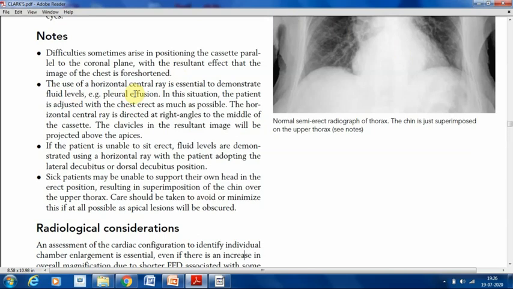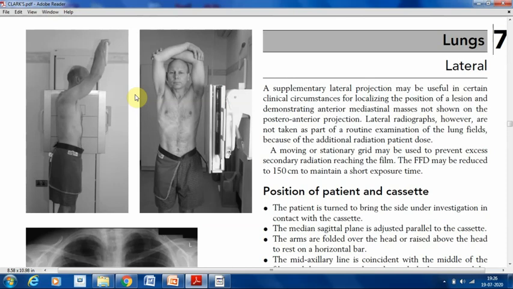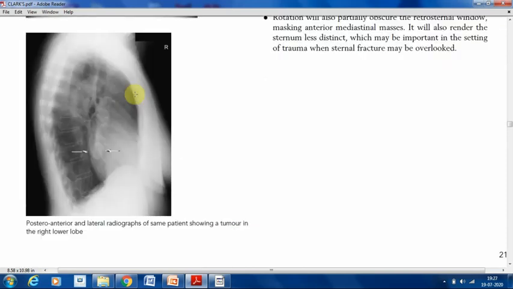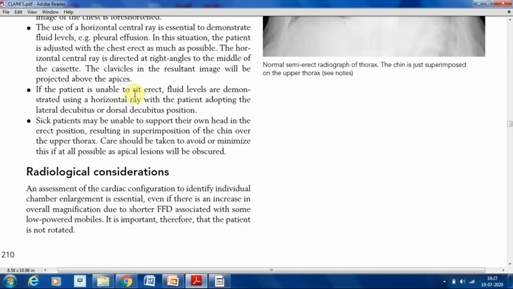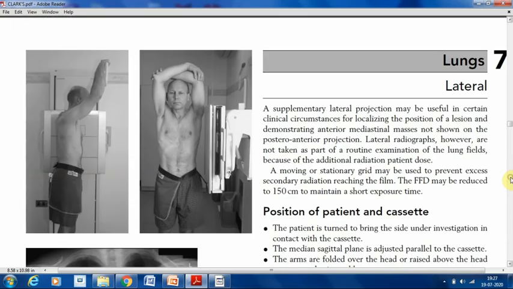You can also see the radiographic considerations when you take this view. Usually the FFD is less. It's the same as the chest X-ray AP view, where you cannot diagnose cardiac enlargement. It is mainly taken for that purpose only.